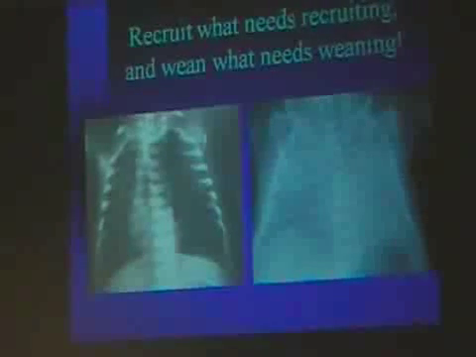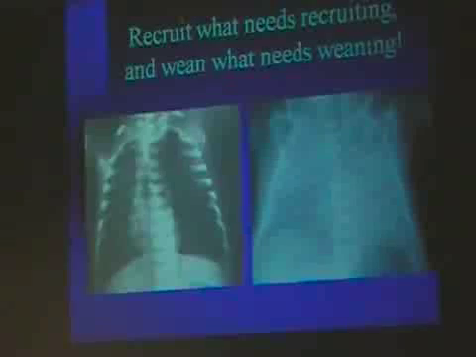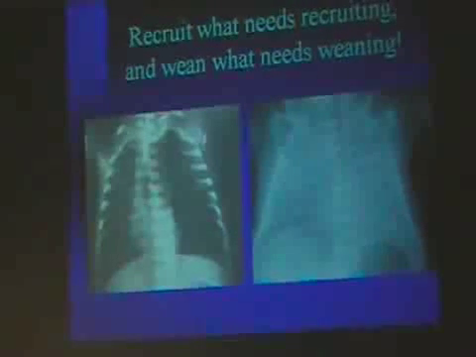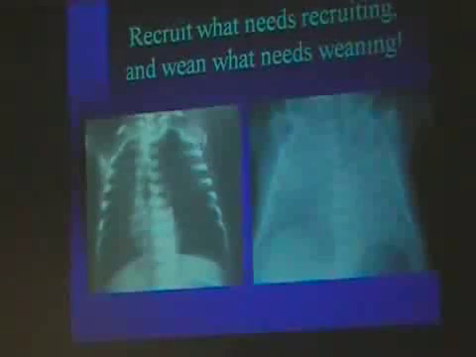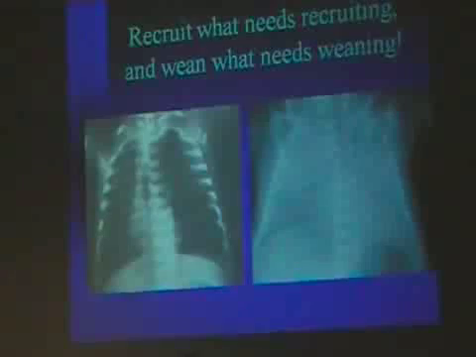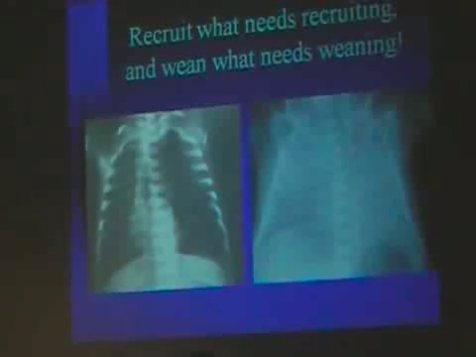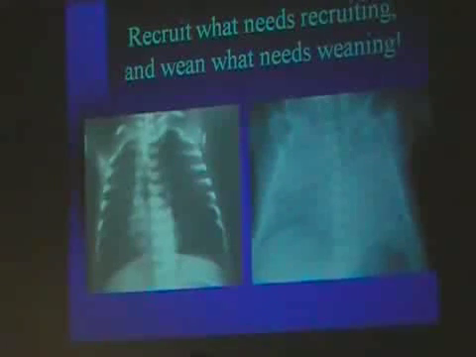That should never happen, for one thing. We should be on top of our kids enough, looking at the FiO2, looking at the periodic x-rays, that it should never happen. But if it does happen, and it does, then you sit down and you wean that kid. I actually feel the same way about the one over here, because I don't know how much wean that kid's going to need. Is he going to open up with 2 or 3, or am I going to have to go to 15 or 20 or higher?